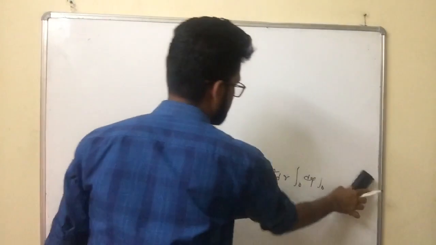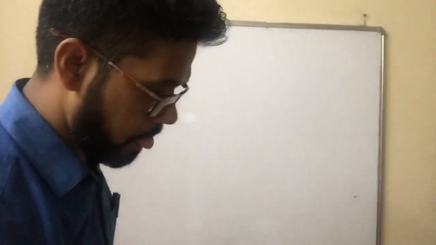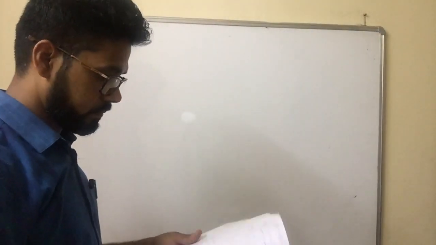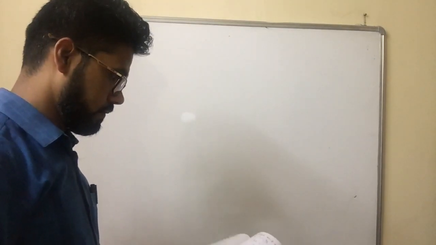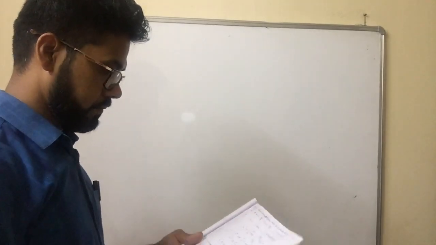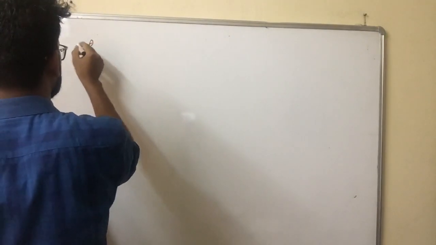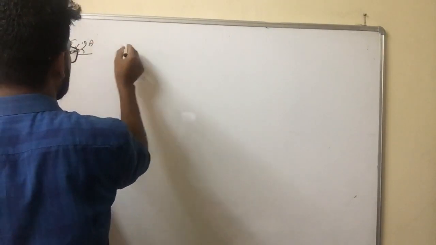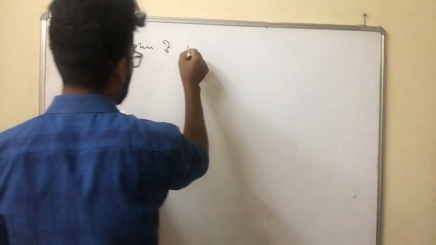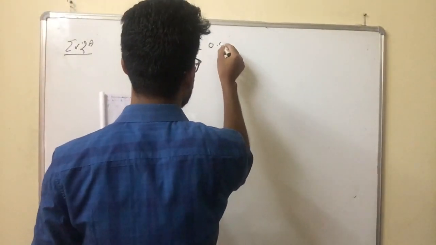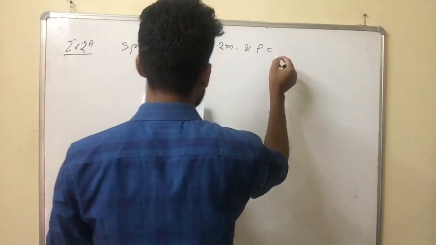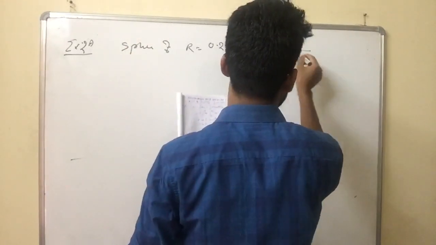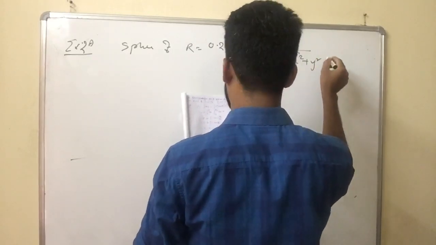And another one or two examples I am showing you. Another example. Example 2: a sphere of radius r equal to 2.2 m, and surface density rho is equal to 2 by under root of x square plus y square.